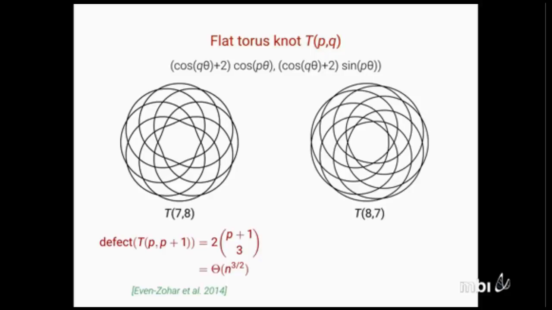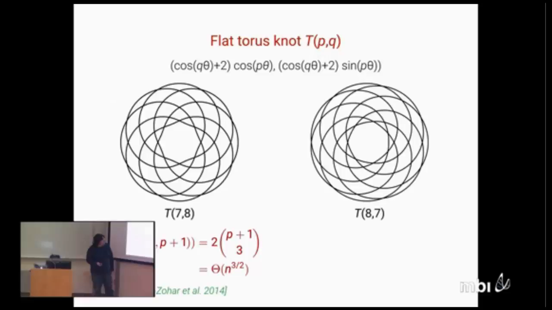So specifically, they were thinking of a model where you have a curve and you resolve each of these intersections into an overcrossing or an undercrossing independently with probability 1/2, and ask, well, this gives you a random distribution of knots.